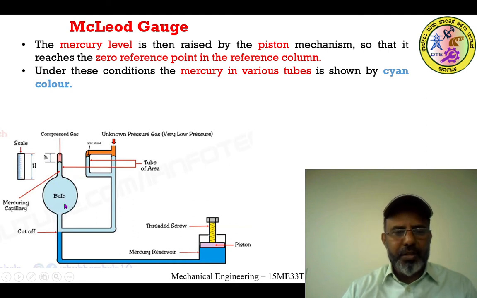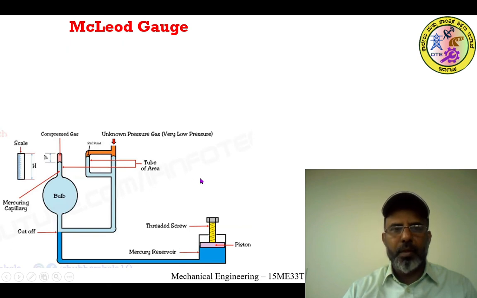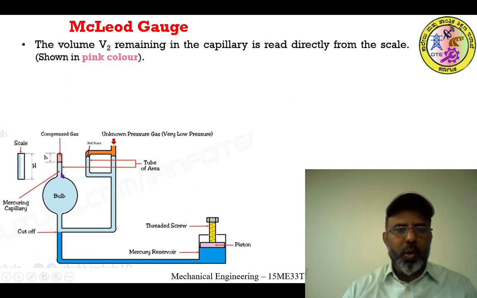Under this condition, the mercury level is shown in this cyan color, and the volume V2 which is trapped in the capillary is directly read from the scale, and the trapped volume V2 is shown in pink color.